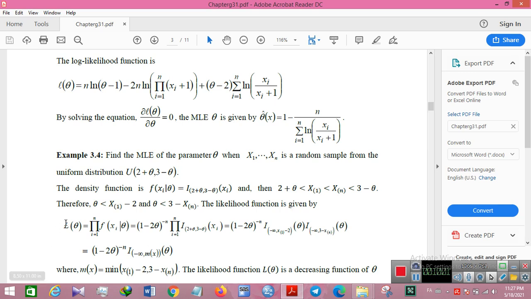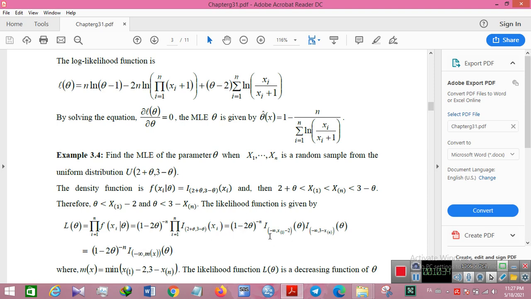So the likelihood function is that one. All xi are between 2 plus theta and 3 minus theta if x(n) and x(1) satisfy these inequalities, that is, theta satisfies the two inequalities here, so they are that one.